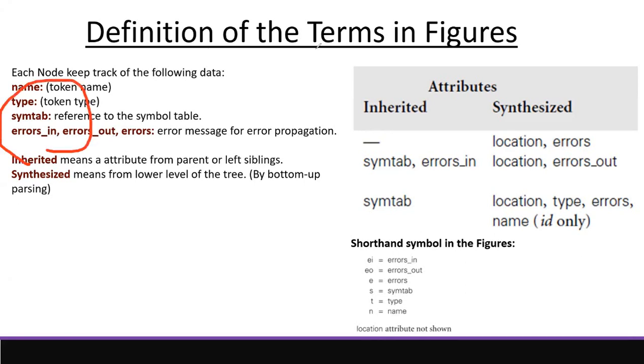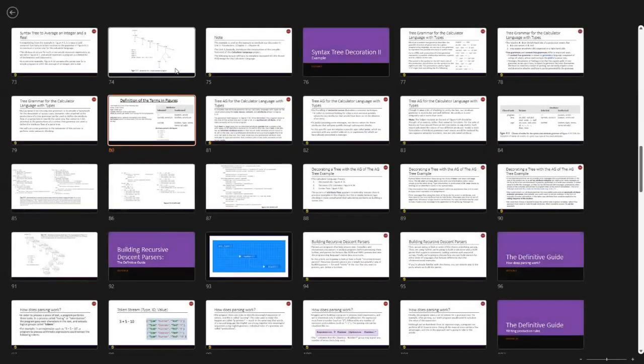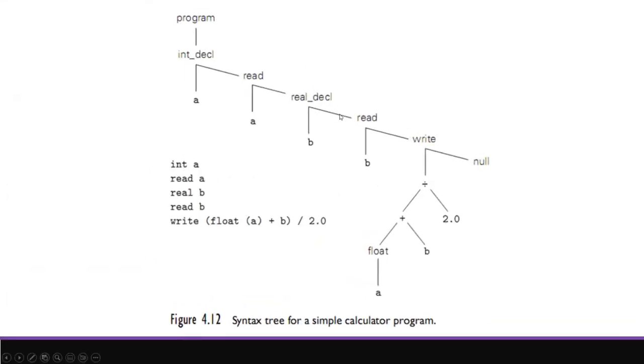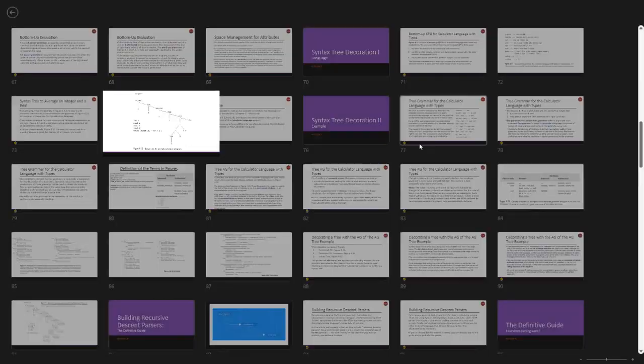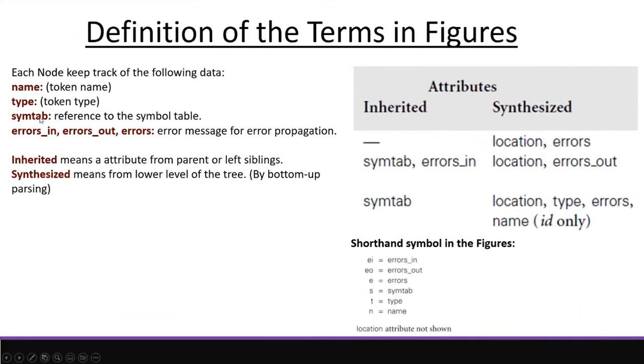So for each node of your generated tree, when we decorate it, you will be given at least these different attributes. So symbol table is an inherited attribute. Error in is an inherited attribute. Location, error, and error out are synthesized attributes.